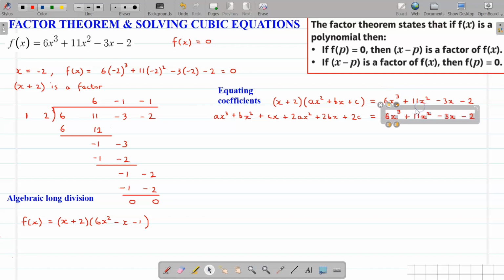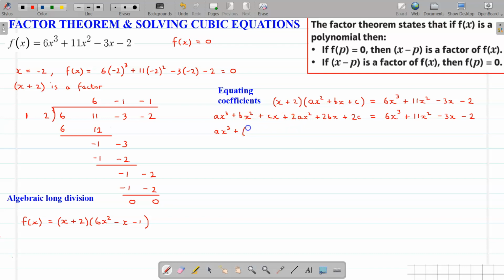All right, so the next thing we do is we collect together what we call like terms. So we have one x cubed term, which is ax cubed. Okay, we have 2 x squared terms, and that's b and 2a.